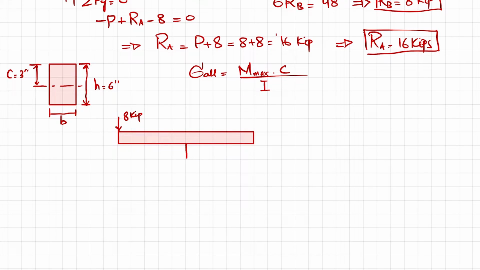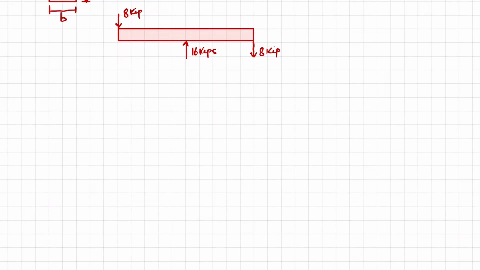Let this be the middle, so at the middle we have Ra, which is 16 kips, and at this end we have 8 kips. So what if I draw the shear force and bending moment diagram? Let's draw it.